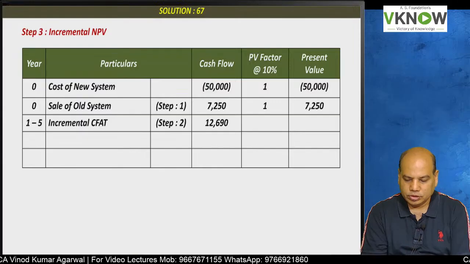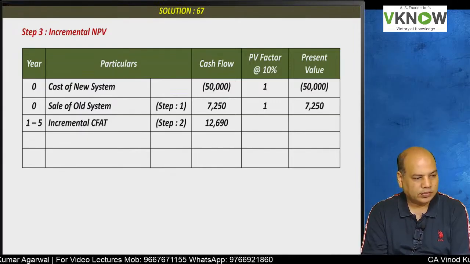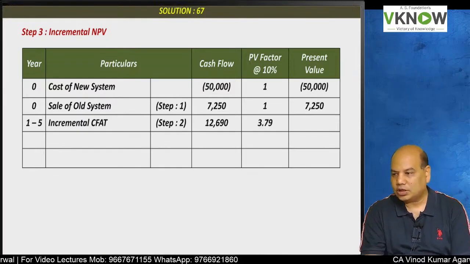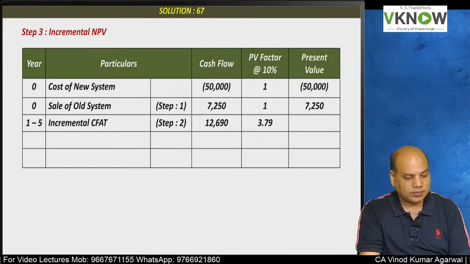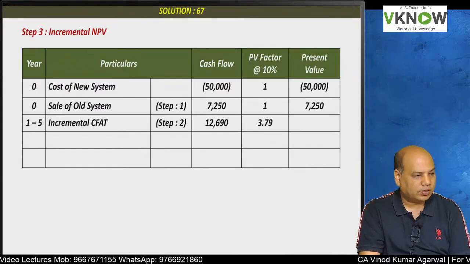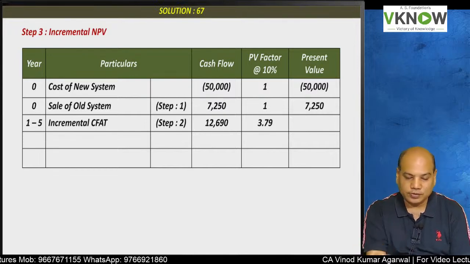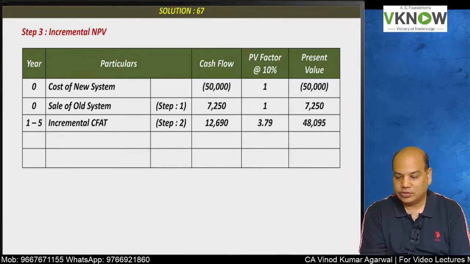Step 2, 12,690. Please write down the factor for 10% and 5 years: 3.79, that we got in the previous question also, so I took it from there. 48,095.